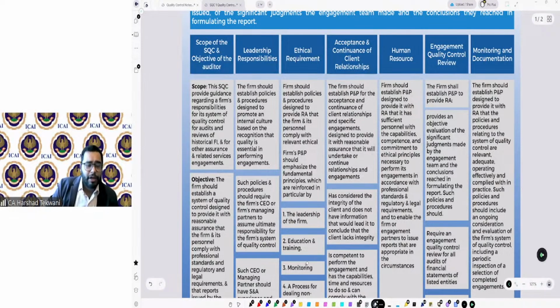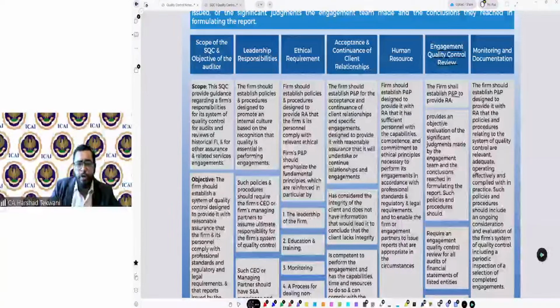The next one is EQCR, Engagement Quality Control Review. The firm is required to establish policies and procedures to provide reasonable assurance that it provides an objective evaluation of the significant judgment made by the engagement team and the conclusion reached in formulating such reports.